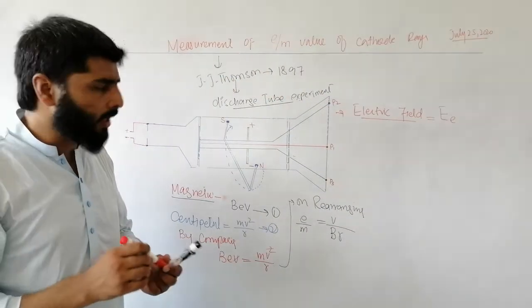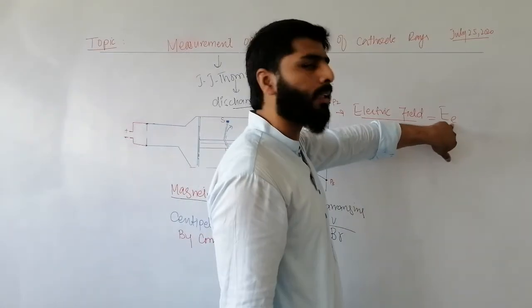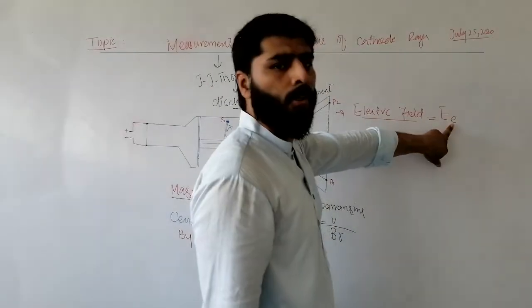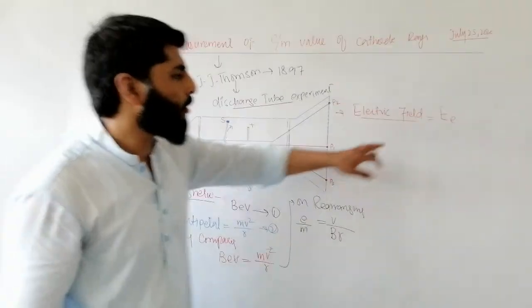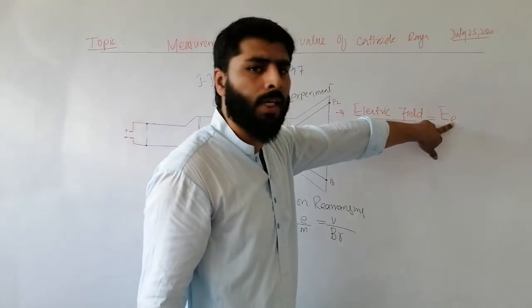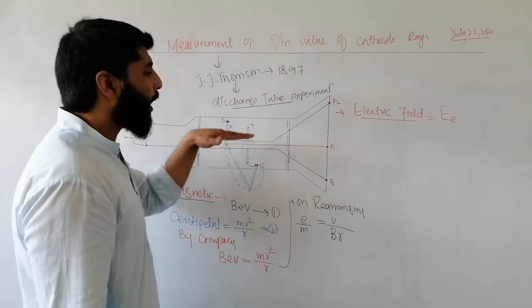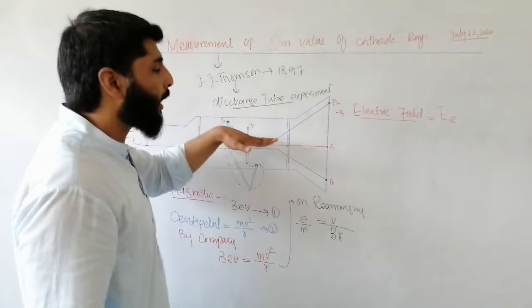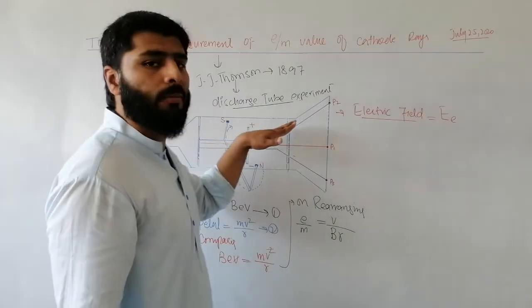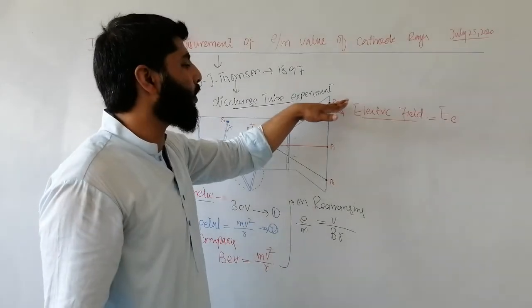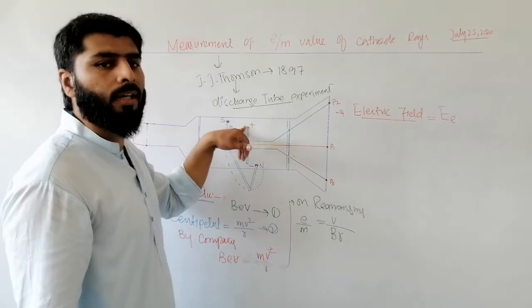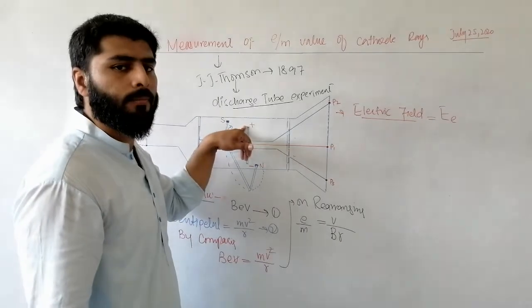Here E is the strength of electric field and small e is the charge of an electron, or simply electron. After entering the electric field, cathode rays changed their path and moved towards the positive terminal of the applied electric circuit.